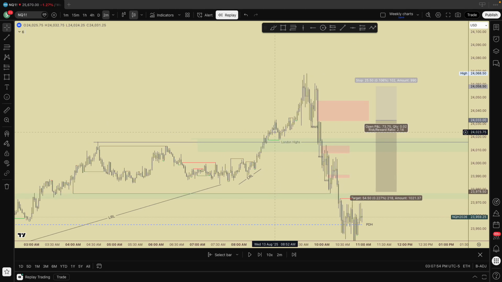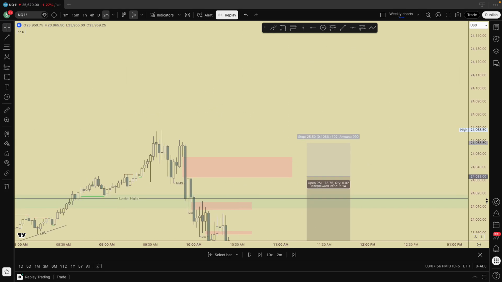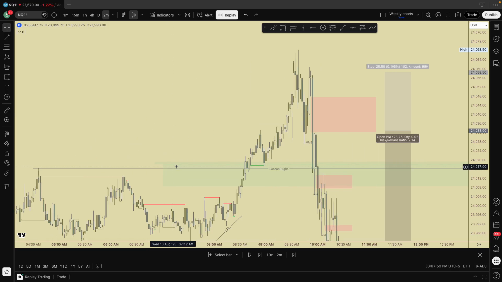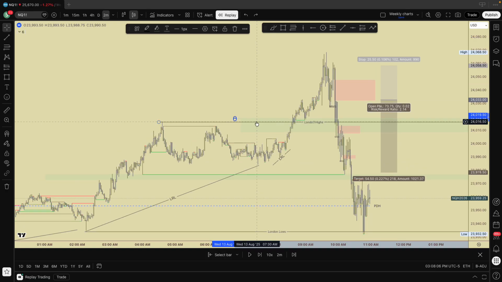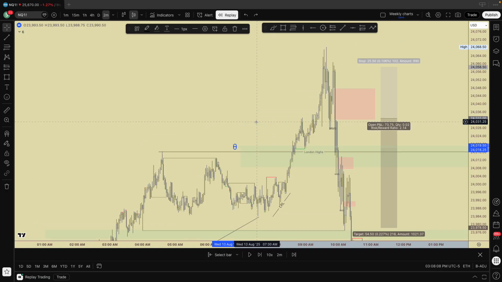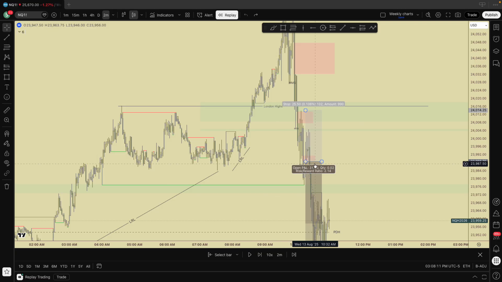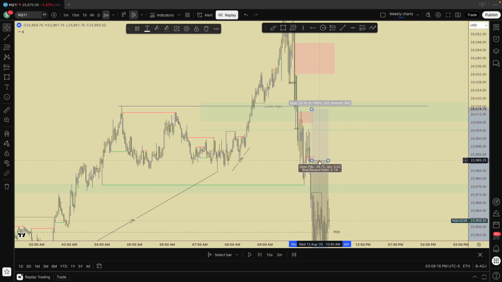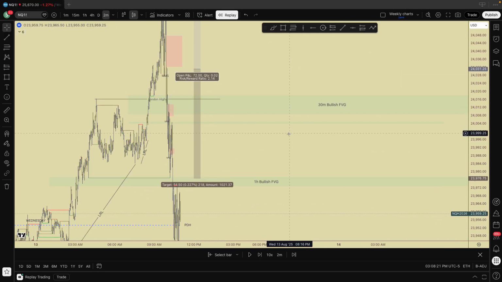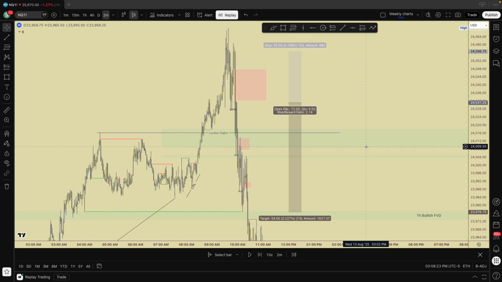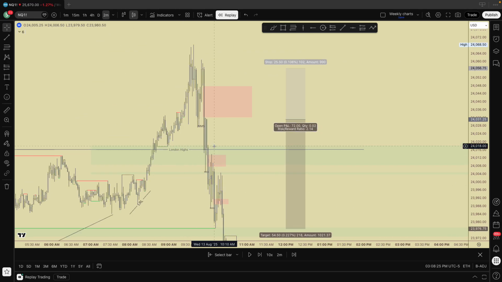So the first thing I saw here was London highs. So we had London highs, and we had a 30-minute bullish fair value gap, and we were going to manipulate London highs.